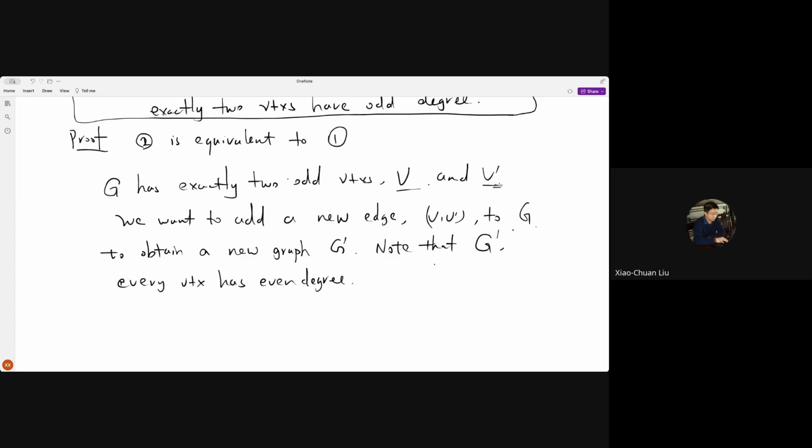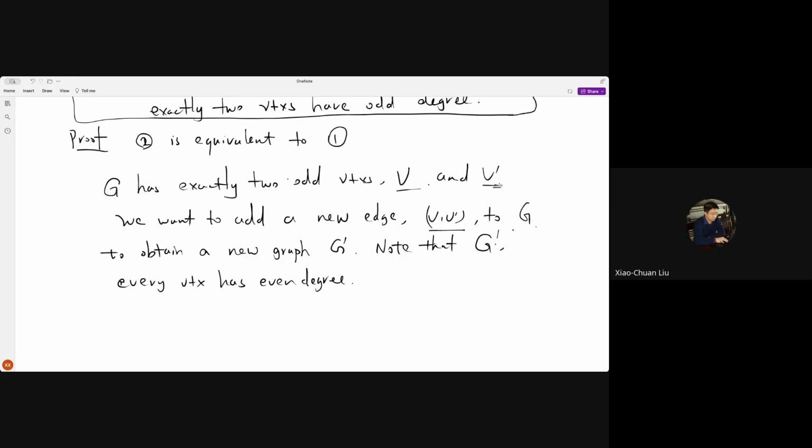But by adding this edge, both degrees of V and V prime increase by 1. Okay? So we are using this technique to change the problem back and forth.